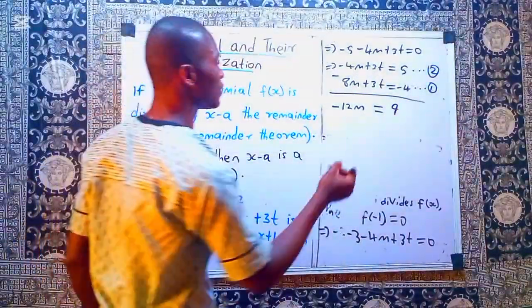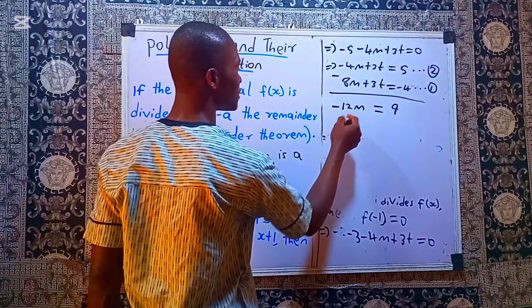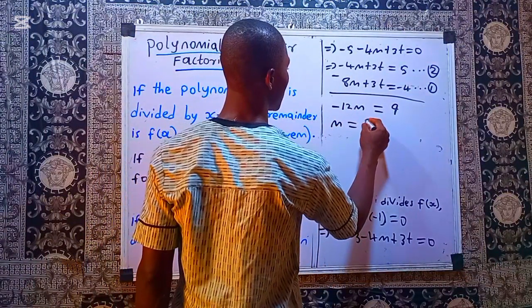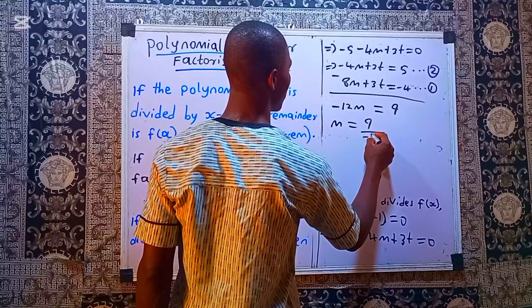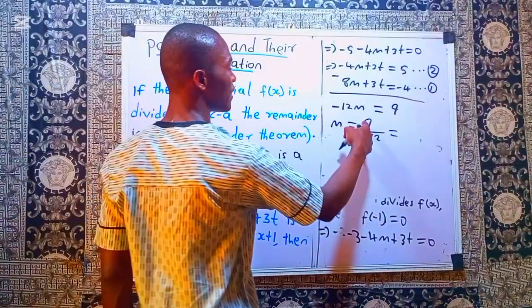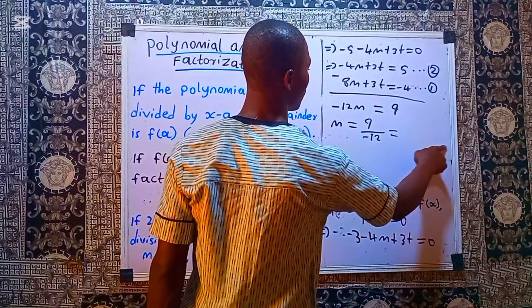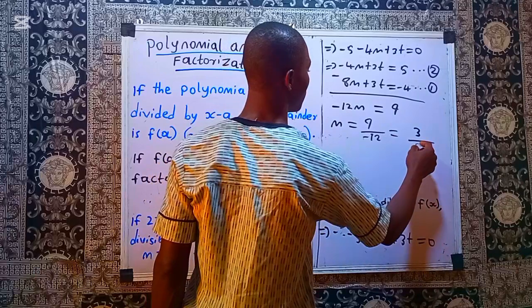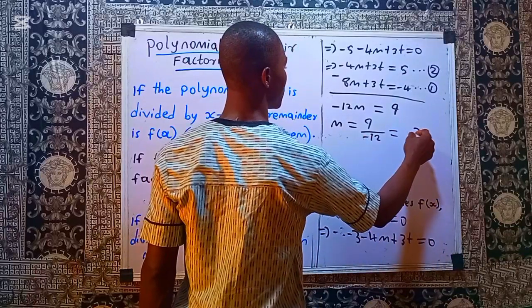If we simplify this further, we divide both sides by the coefficient of m, which is minus 12. We are going to have that m is 9 over minus 12, which you can reduce. 3 can divide 9, I'm going to have 3. And 3 can divide 12, I'm going to have 4. So I can bring the minus up.